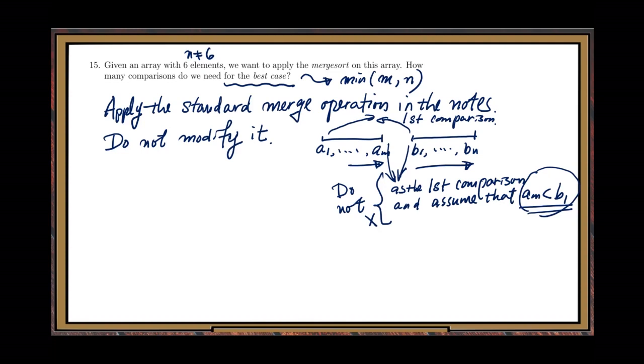But if we get two ordered arrays for the general case, then you need to use the standard way, because you cannot see the data, right? You do not know the data.